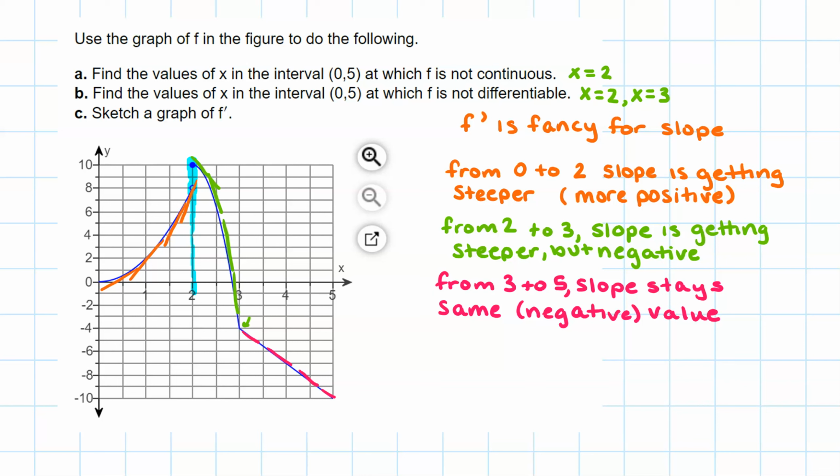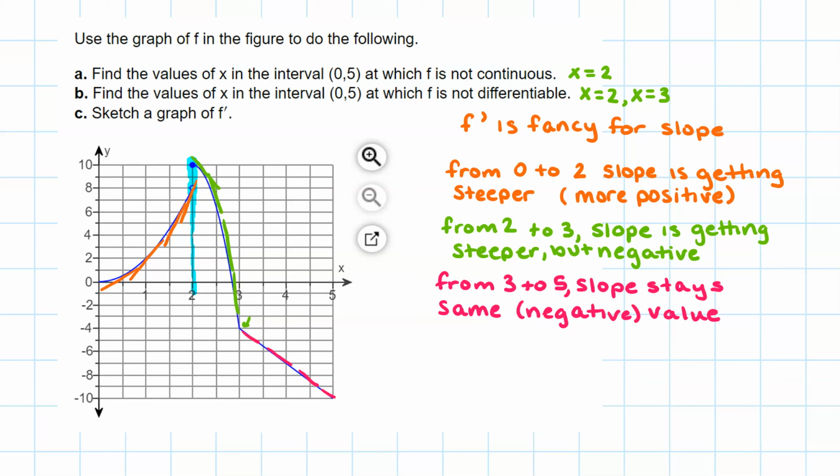So our f prime, or our slope graph, is going to have 3 parts. The first part from 0 to 2, the slope is getting steeper. From 2 to 3, the slope is getting steeper but negative. And then from 3 to 5, the slope stays the same.